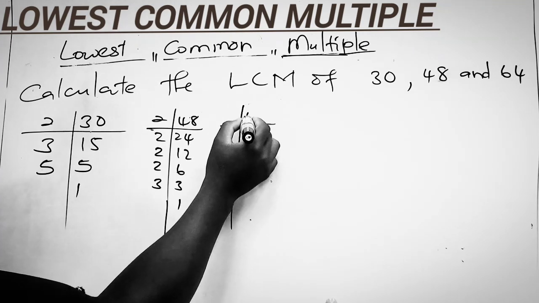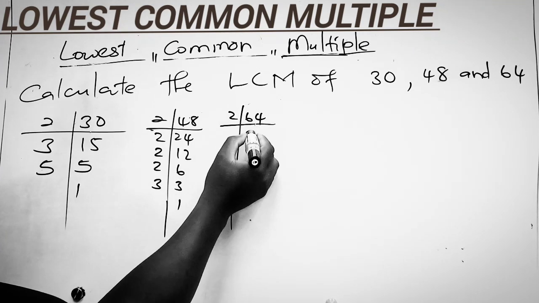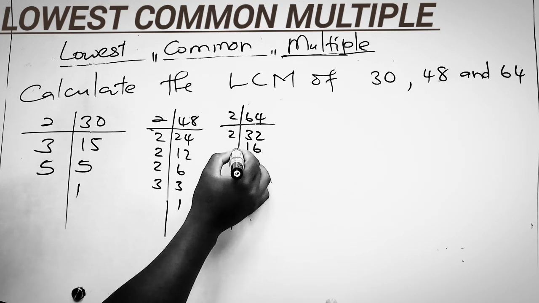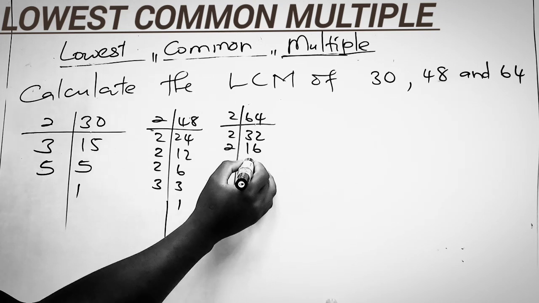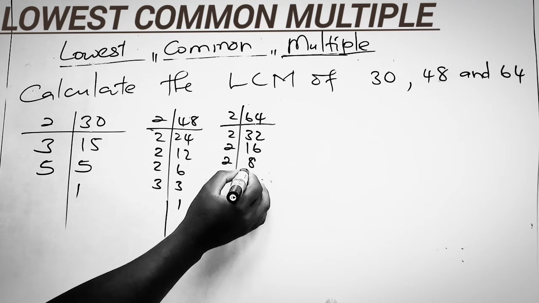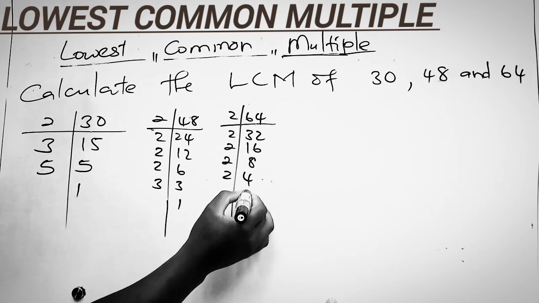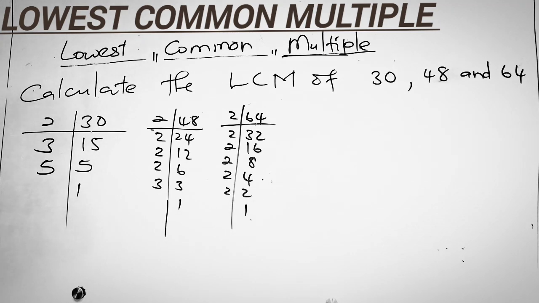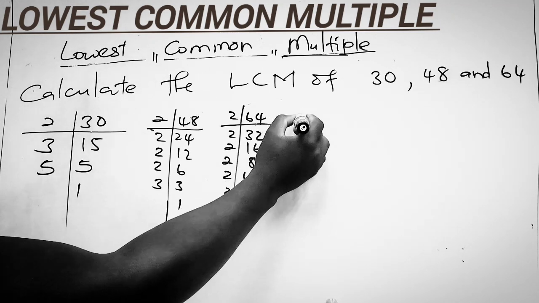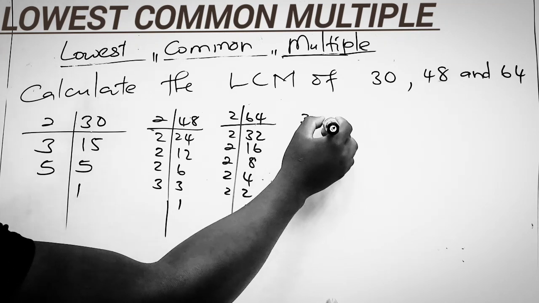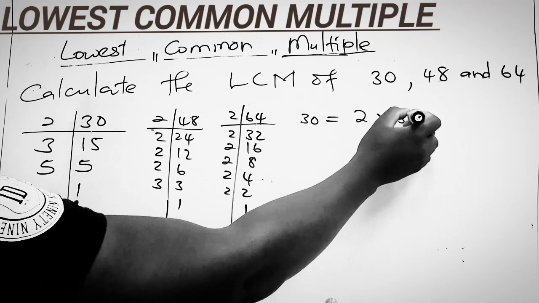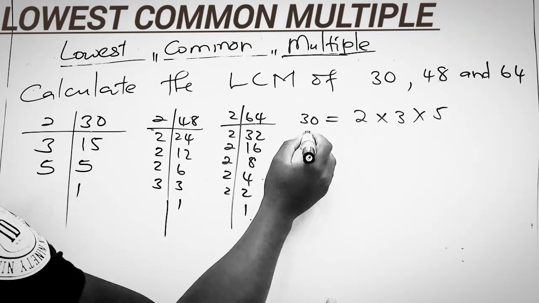Also we have 64. 2 into 64 is 32. 2 into 32, 16. 2 into 16, 8. 2 into 8, 4. 2 into 4, 2. 2 into 2, 1. So 30 is equal to 2 times 3 times 5.